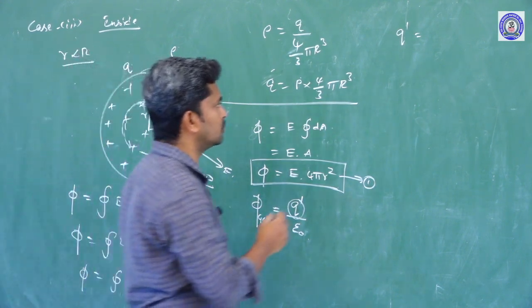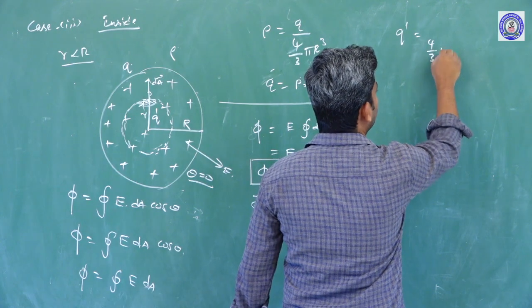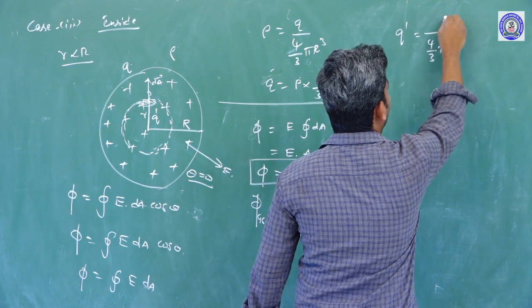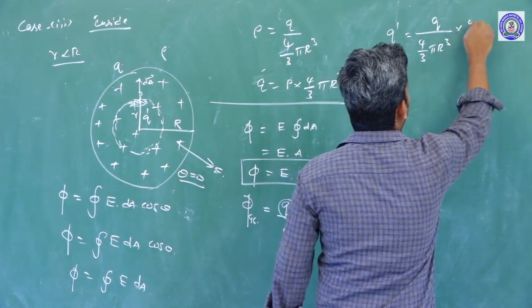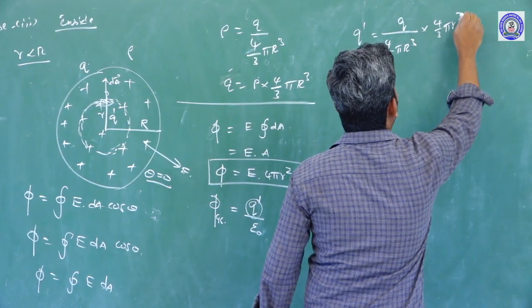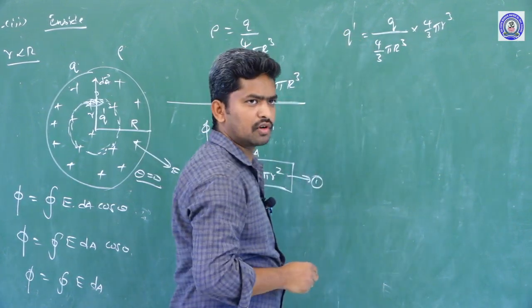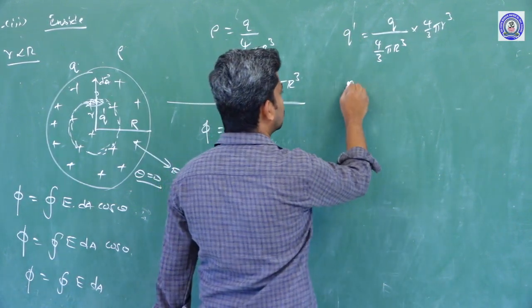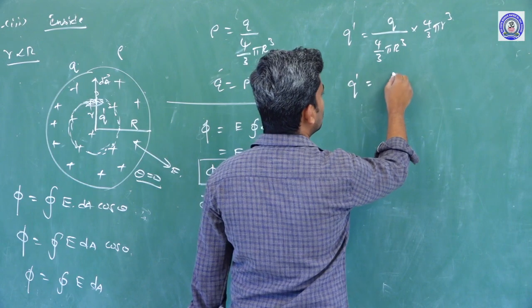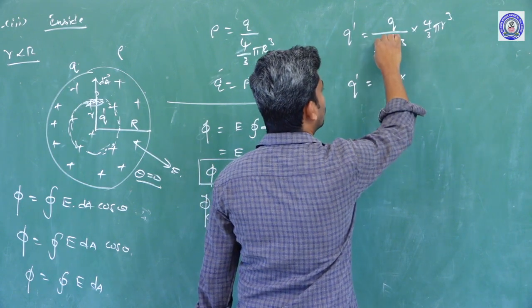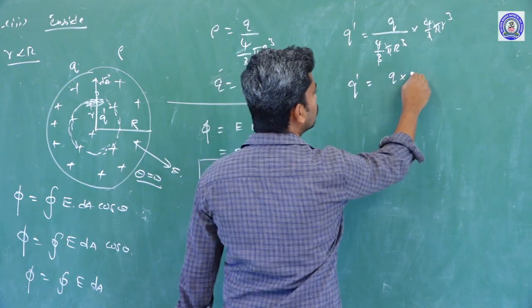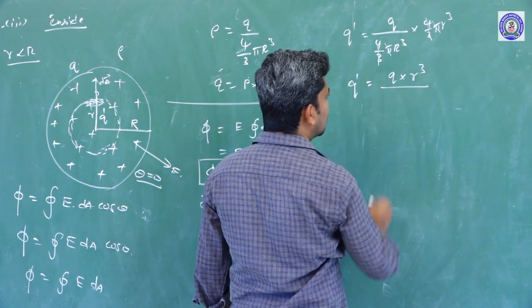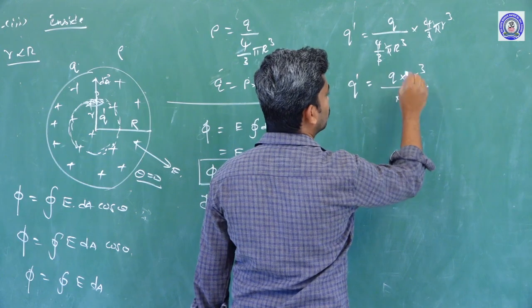The volume 4 by 3 pi R cube holds charge Q, and the volume 4 by 3 pi r cube holds charge q dash. So q dash is equal to Q into 4 by 3 pi r cube over 4 by 3 pi R cube; the 4 by 3 pi cancels, so q dash is Q r cube divided by R cube.